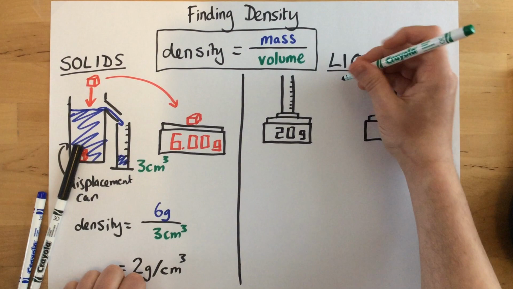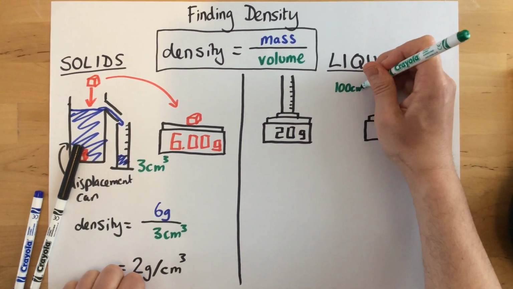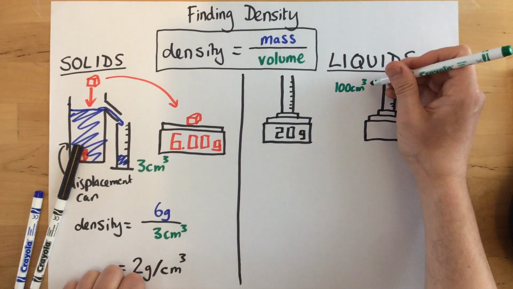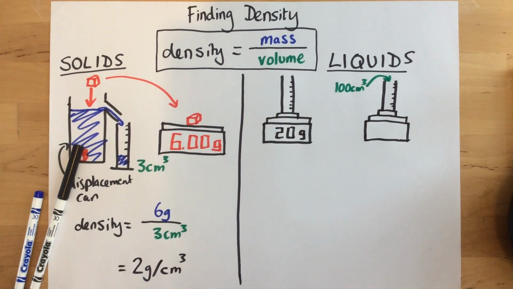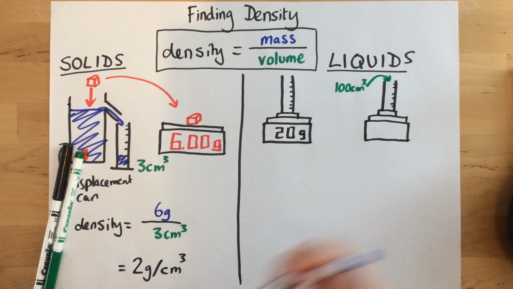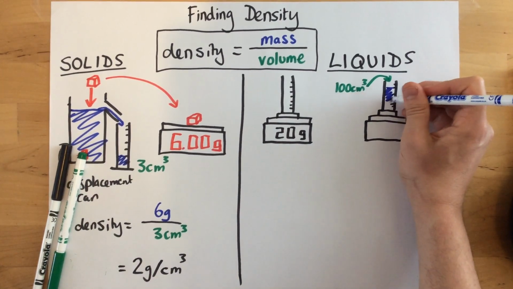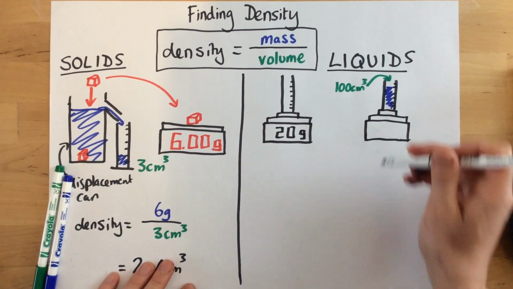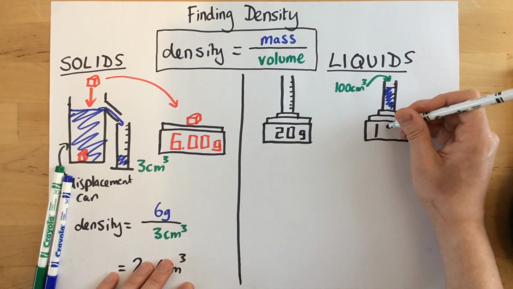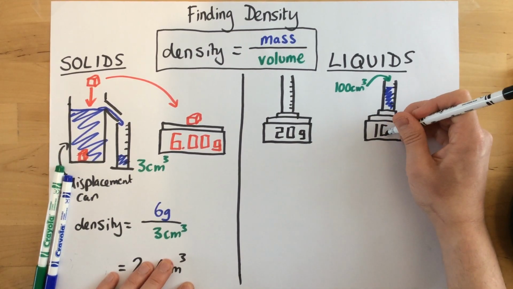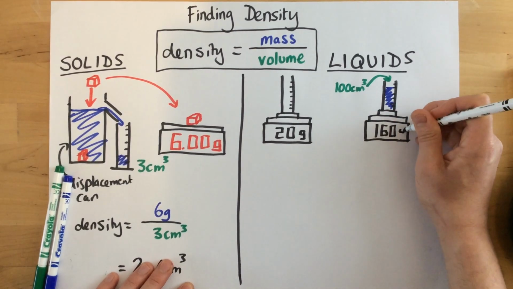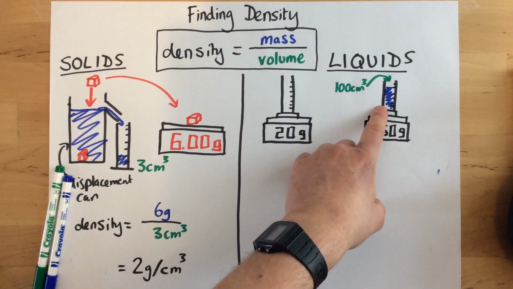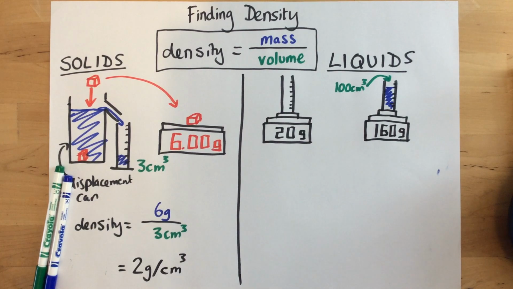Now what I'm going to select is 100 centimetres cubed, because that's a sensible volume to use. So I've put my 100 centimetres cubed in there. So there's my particular liquid. It's not water. Let's imagine this one has a mass of 160 grams. So that's the measuring cylinder containing the liquid.